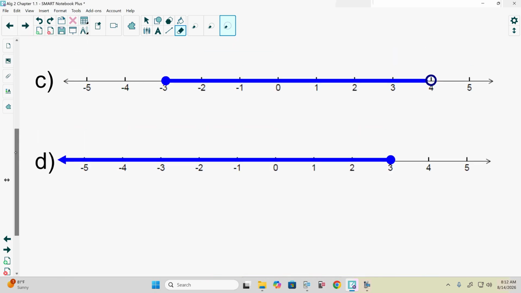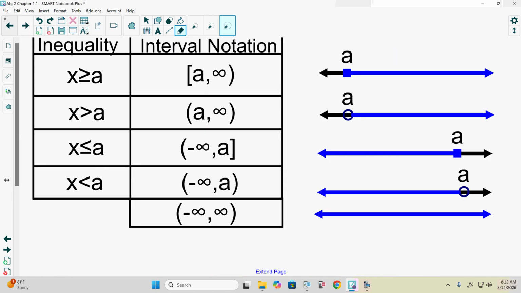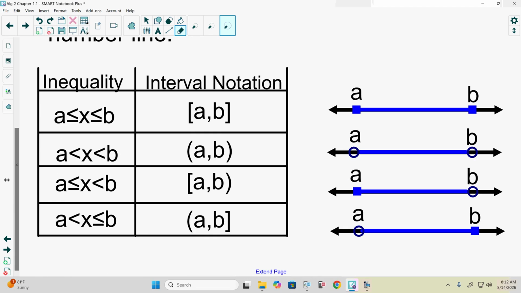Yeah, unfortunately 4 is not included. So the third one, A is -3 and B has been replaced by 4, yes? Which means for our interval, A is going to be -3 and B is 4.